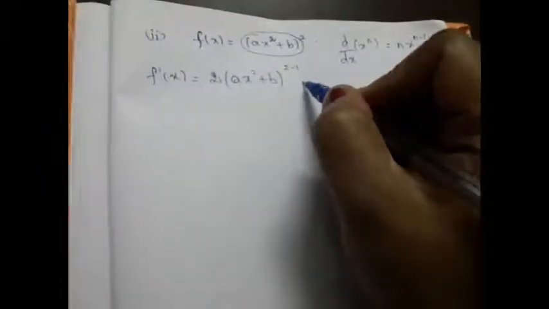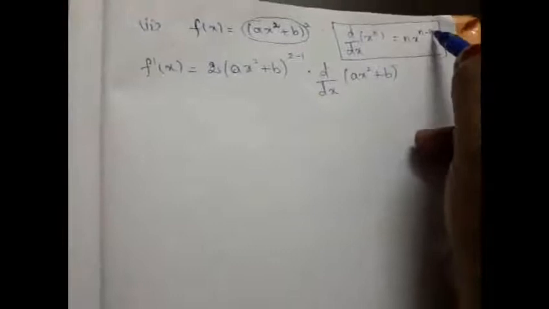Normally if it is simply x, we will stop with this, but here our x is not simply x. Here the value of x is ax square plus b. So what you have to do is undergo one more step, differentiating d by dx of ax square plus b. Hope you understood. I repeat what I have done here.